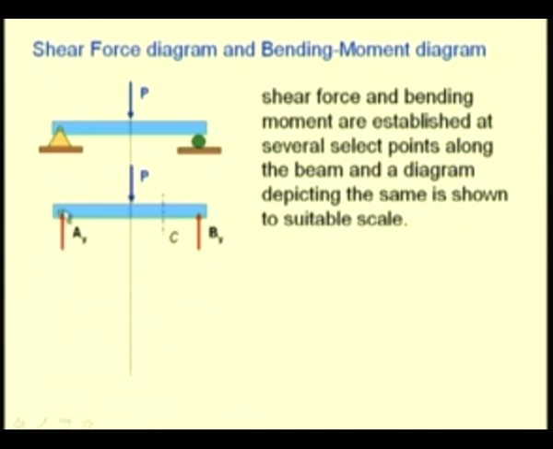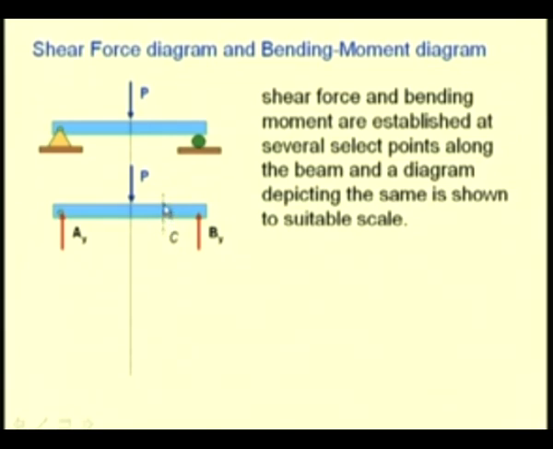So, we have both a vertical component and a horizontal component of a force, but since we do not have a horizontal component of an applied load, this component vanishes, and we quickly see that for the equilibrium of this beam, the reaction at A and the reaction at B both should be equal to half of this load, that is P by 2.